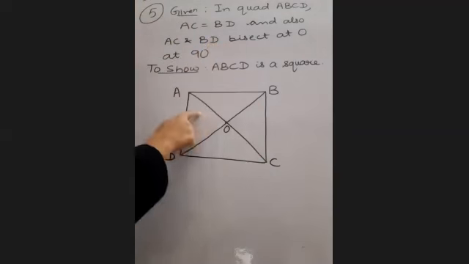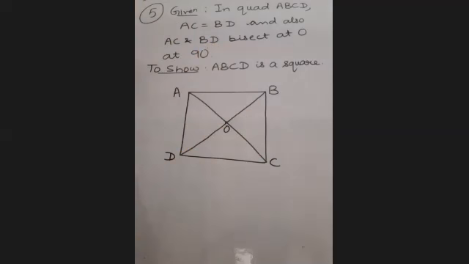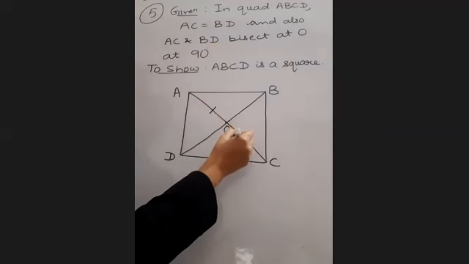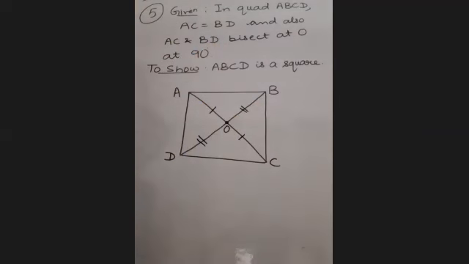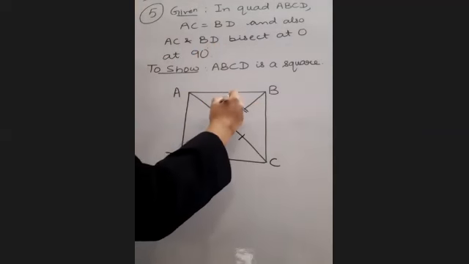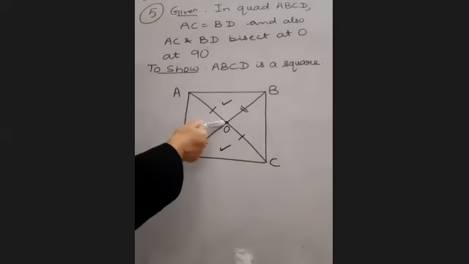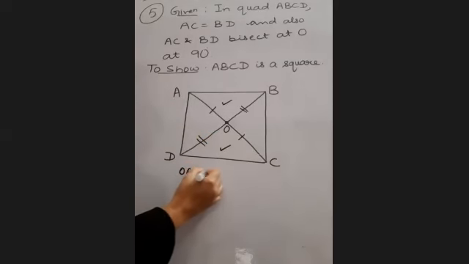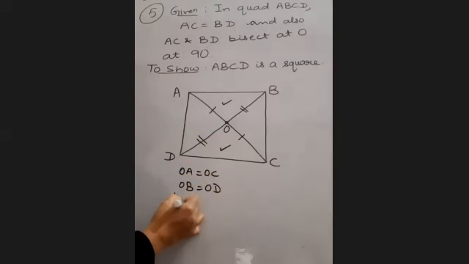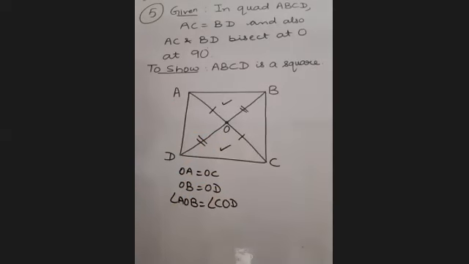Now children, see. We are given AC and BD bisect each other at O. Does it mean that OA is equal to OC and OB is equal to OD? Yes, ma'am. So in these two triangles, OA is equal to OC, OB is equal to OD, and angle AOB is equal to angle COD.